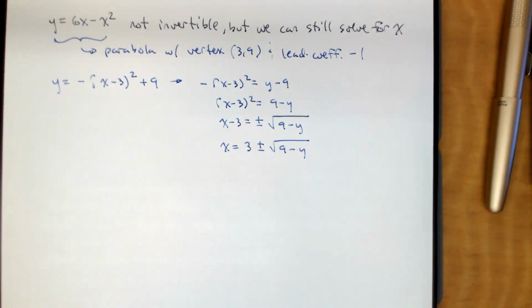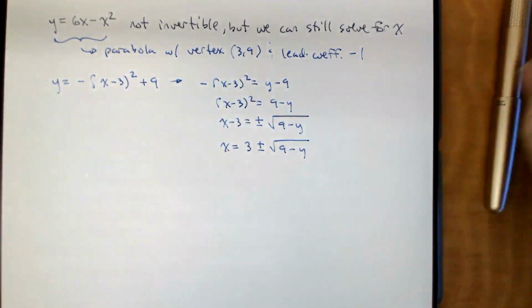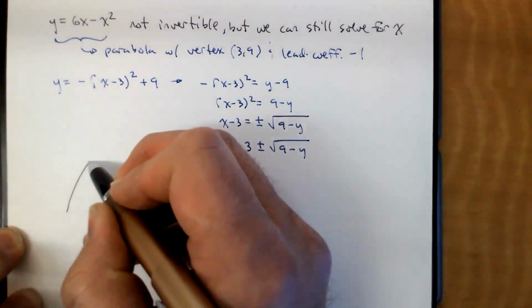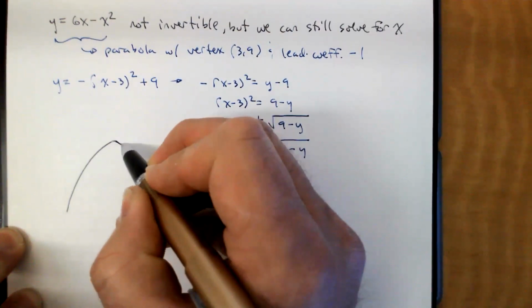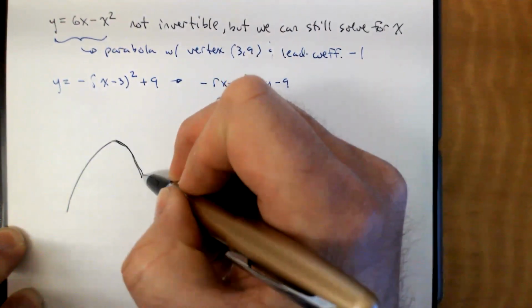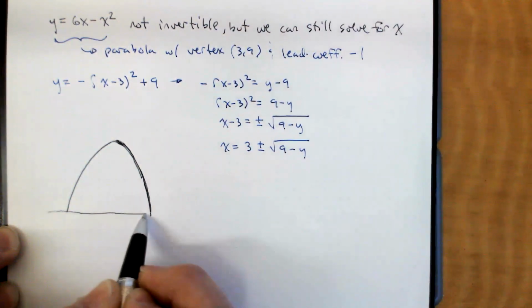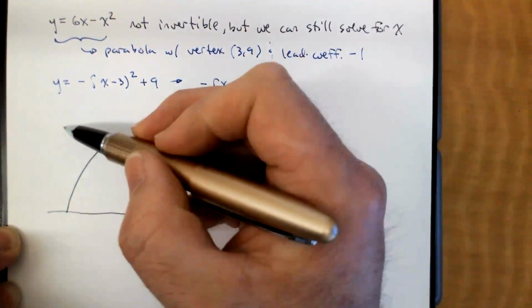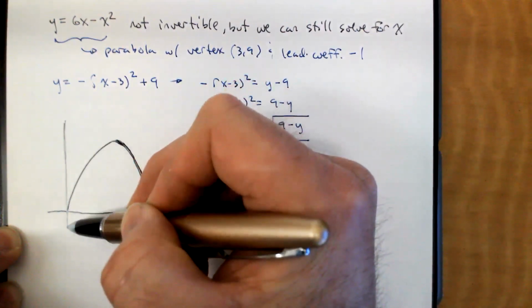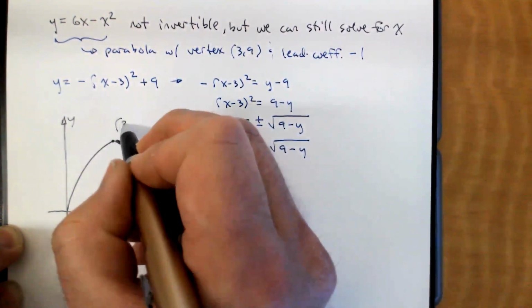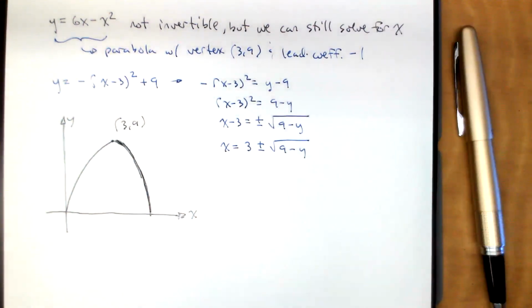So wait, what are we talking about? Oh, yes. So now, when we look at our parabola, when we look at this expression, 3 plus or minus the square root of 9 minus y, that 3 is a vertical line through the vertex.